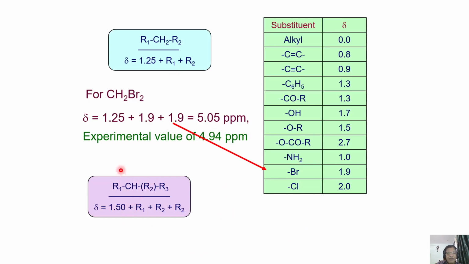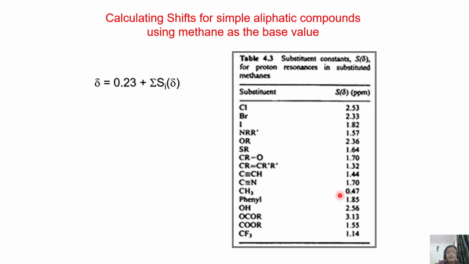Now what happens if I consider a CH proton? If there are three such substitutions, R1, R2, R3, in the same way, depending upon what R1 is, you can do that. Very simple way. Now I will take the example of an aliphatic carbon, CH3Cl. The base value for that is 0.23. That is the chemical shift of methane.